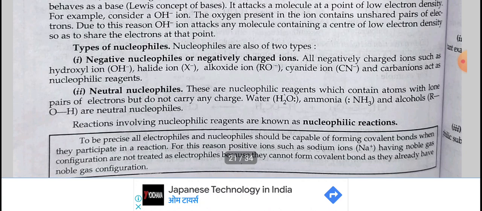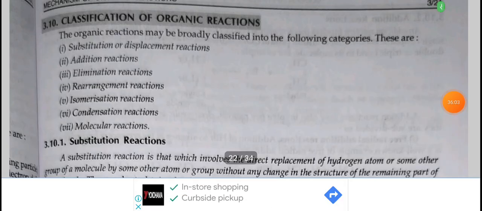Neutral nucleophiles. These are nucleophilic reagents which contain an atom with a lone pair of electrons but do not carry any charge. Water H2O, ammonia NH3 and alcohol ROH are neutral nucleophiles. Classification of organic reactions.